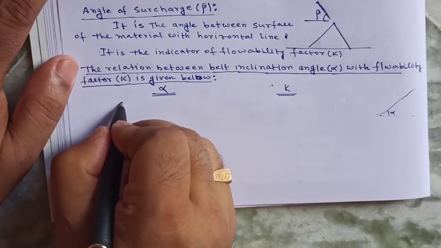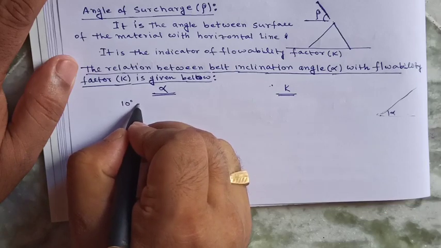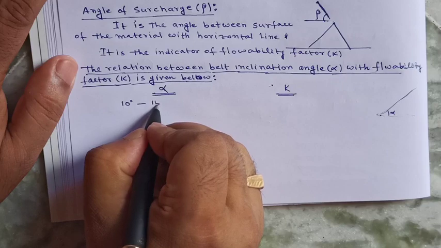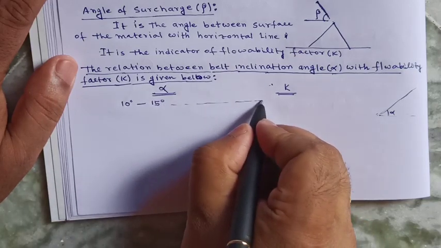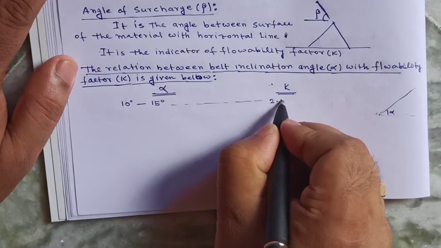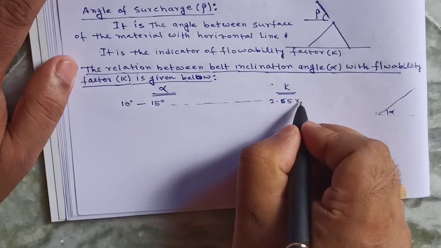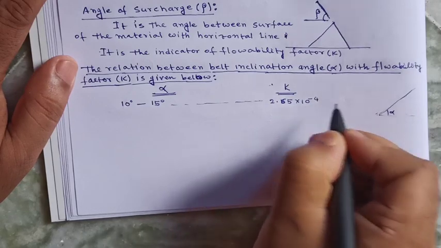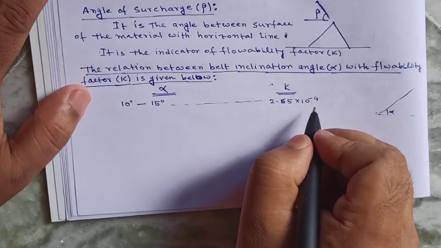If it varies from 10 degree to 15 degree, then the flowability factor will be 2.65 into 10 to the power minus 4.